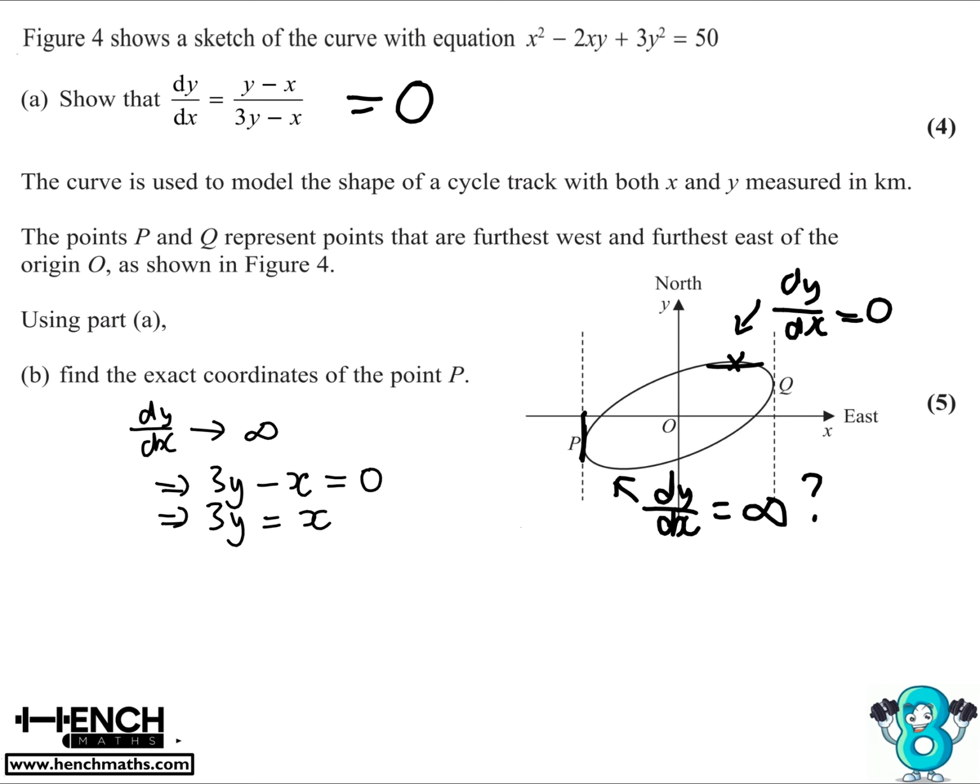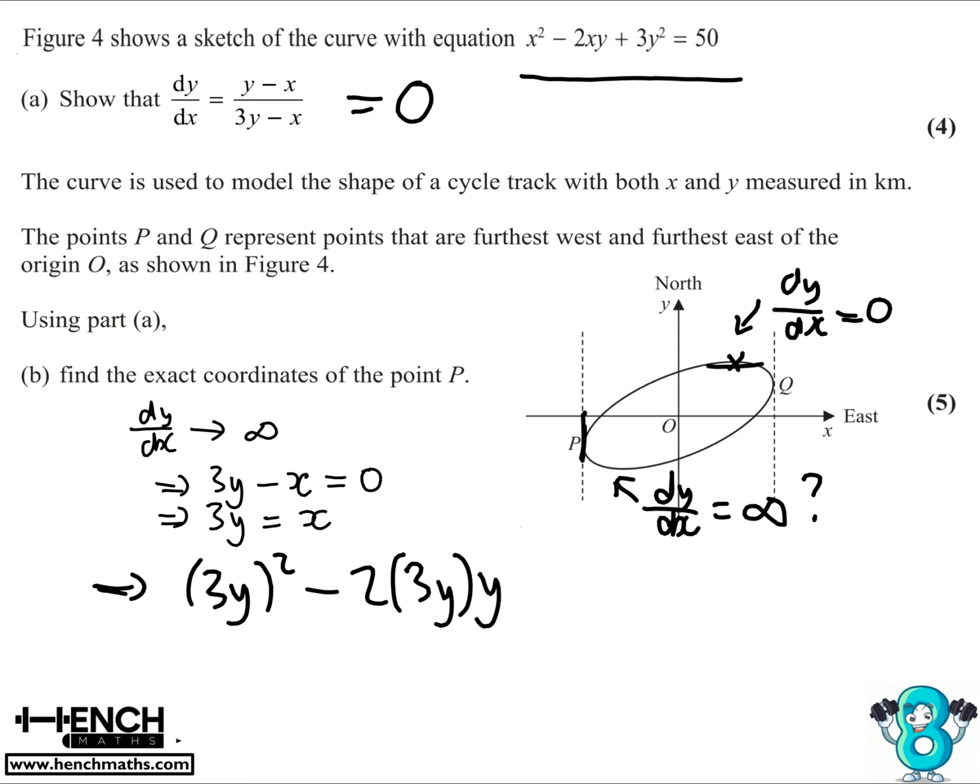So we've got an equation 3y equals x, and we've also got our original equation. I'm going to sub in x as 3y in here. So our equation becomes (3y) all squared, subtract 2 times 3y multiplied by y, plus 3y squared, equals 50.